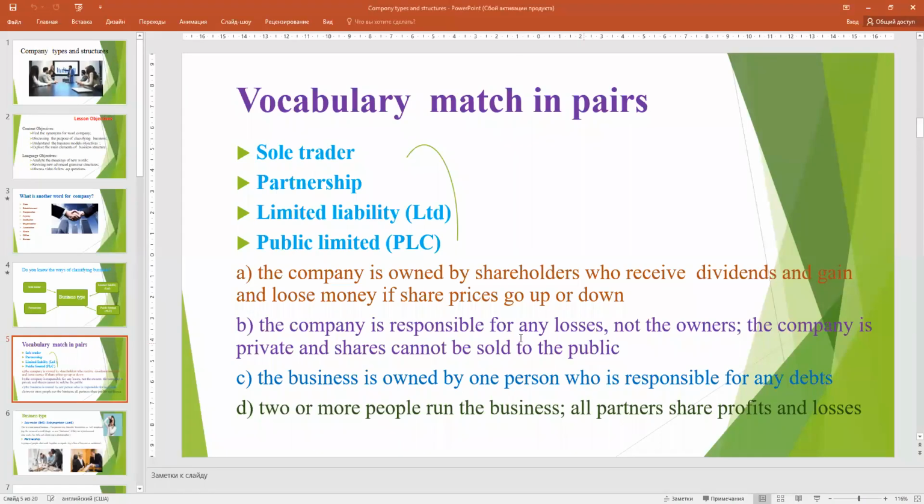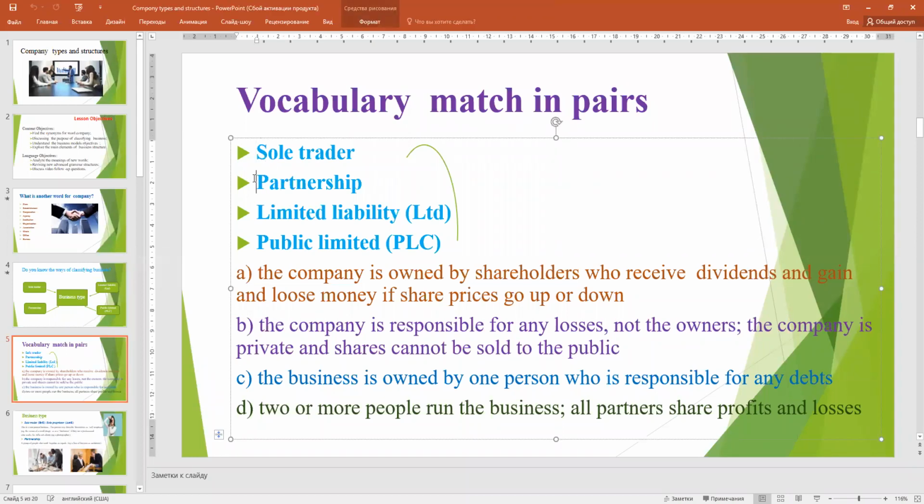So you have to read the definitions below, and you should match the definitions with the proper keywords. I'm going to give you 3 or 4 minutes to finish this exercise. Okay, try to solve this.